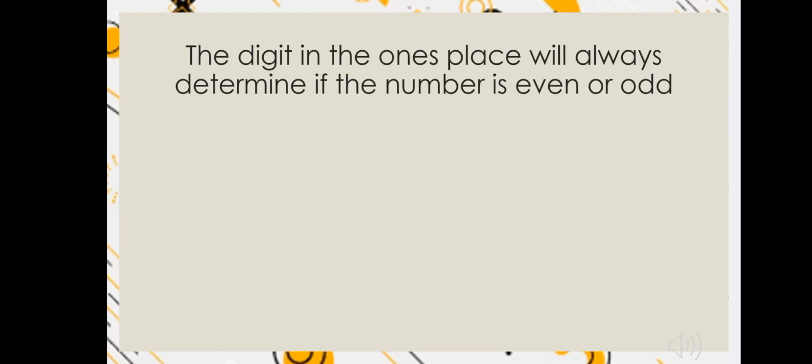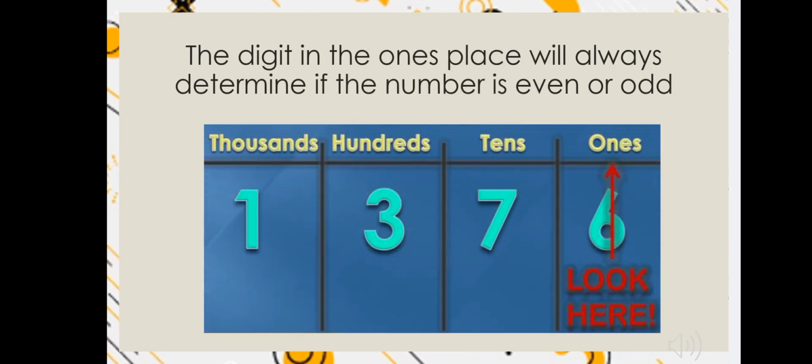To make things much easier for you, let me share an example with you. The digit in the ones place will always determine if the number is even or odd. If you are given a 4-digit number or a 3-digit number or a 2-digit number, it doesn't matter. You only have to see the last digit, which is also called the ones or the unit.